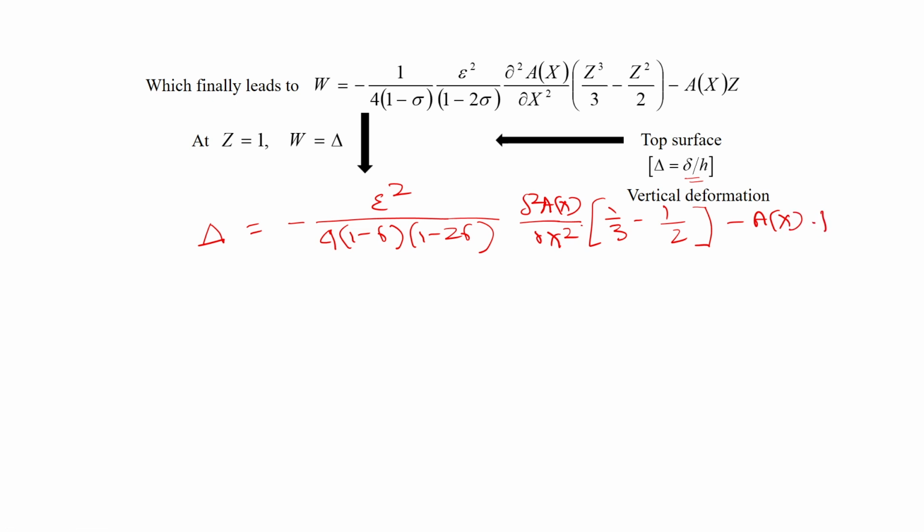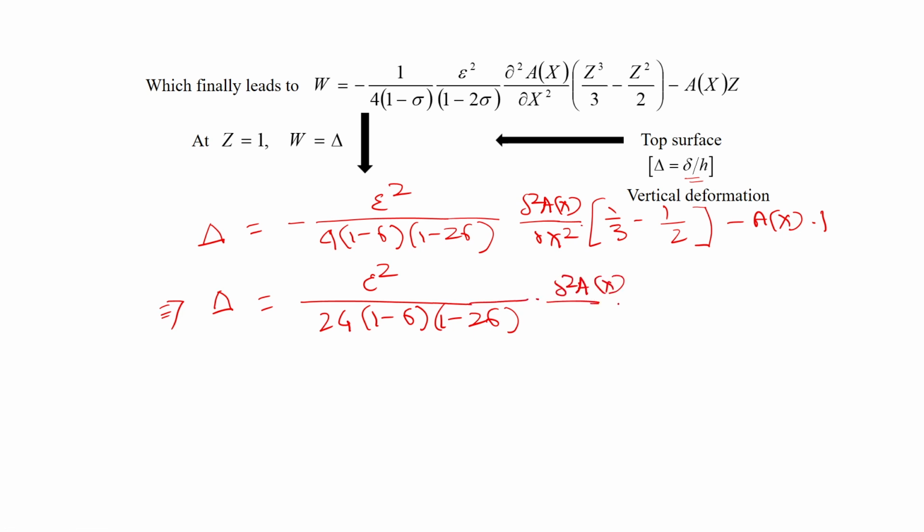So, therefore, I have here this is 1/2 by 6 minus 3/6 minus 1/6, so it is 1/24. So, delta is equal to this ε², and this is 1/6 minus 2/6 minus 3/6, so minus plus 24 here, 24 into (1 − σ)(1 − 2σ) here, and this is ∂²A(x)/∂x², and minus A(x).